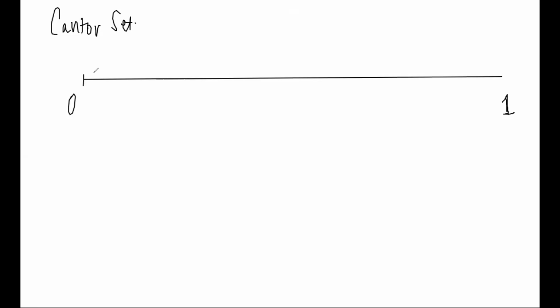Now, the algorithm works as follows. You first divide it into 3 parts, and then you dig out the middle, remove the middle 1/3. But you remove not including the points, yeah? You remove the open set, right?